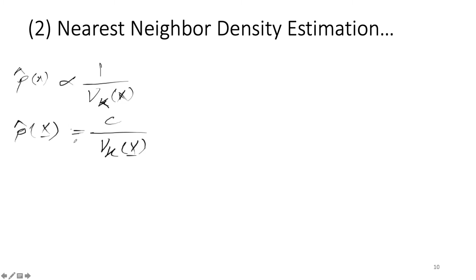And in order to make it equal, we apply this c as a constant. All right? So this is called the normalizing constant. And the v is the volume of each of those spheres that are generated out of the k nearest neighbors.